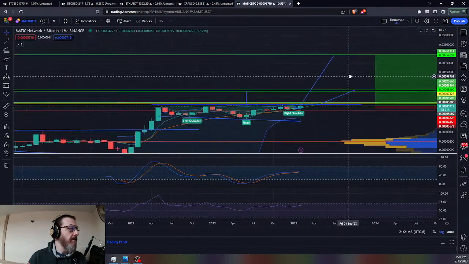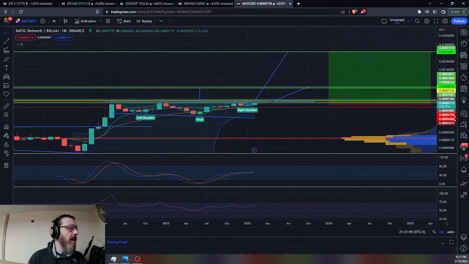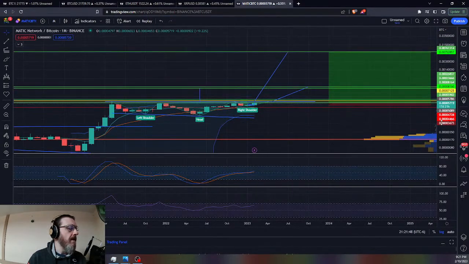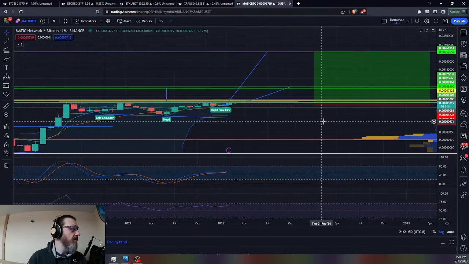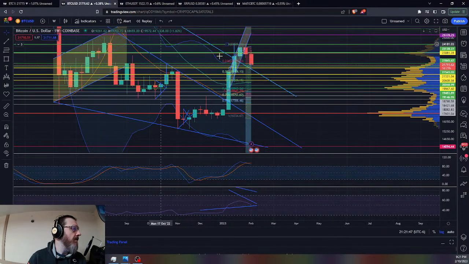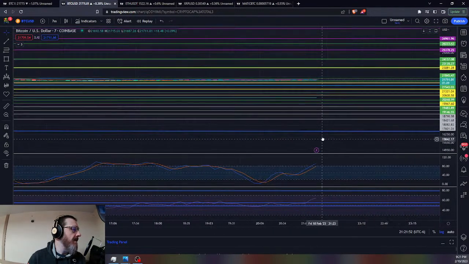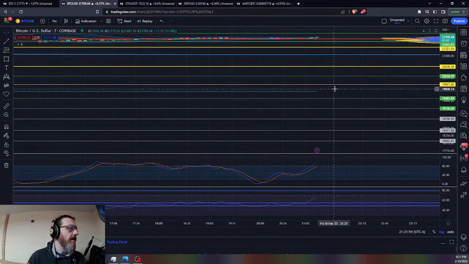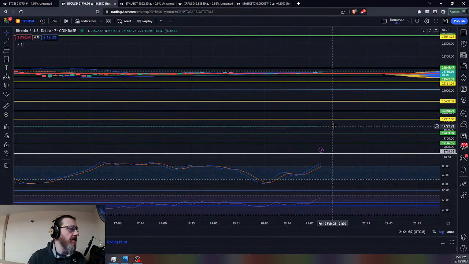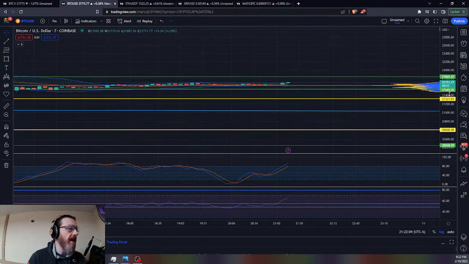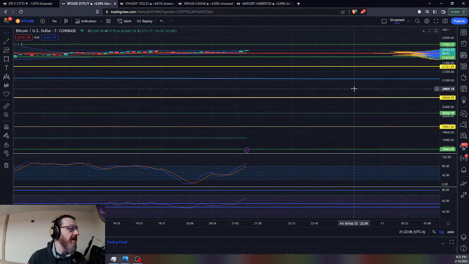So I am potentially looking to re-enter on some scalp long position over the next few days as we see how this consolidation plays out, whether Bitcoin can dig itself back out of the hole that it's in, or if it's going to continue to trend lower down to this 200 daily moving average, which is around $19,723. I do think there is a decent probability of that, as we do still have that CME gap down there, but there's nothing saying that we have to revisit that right now.